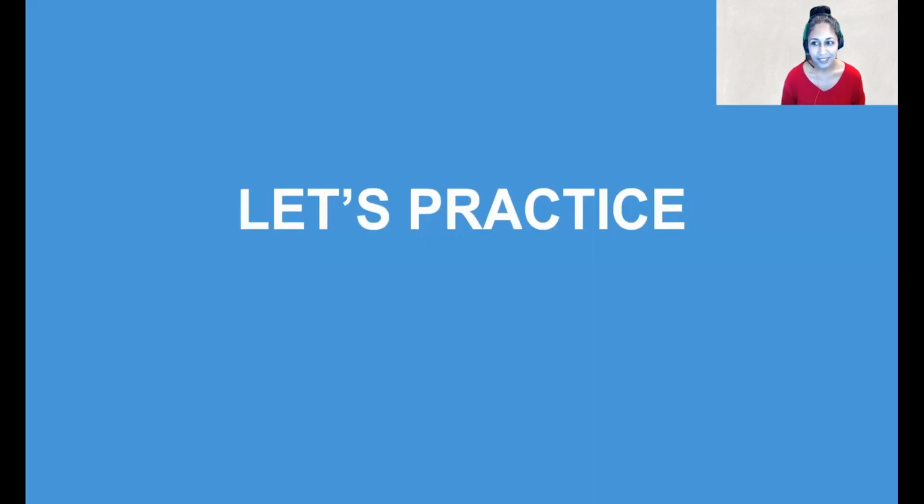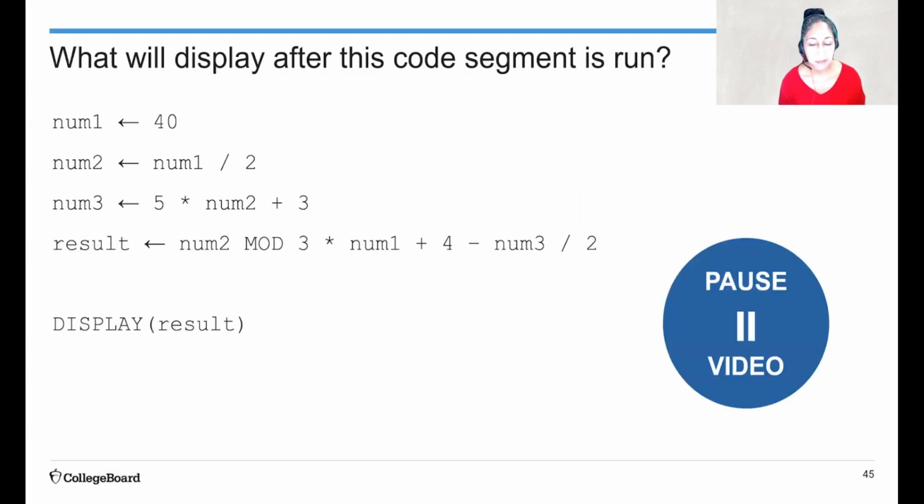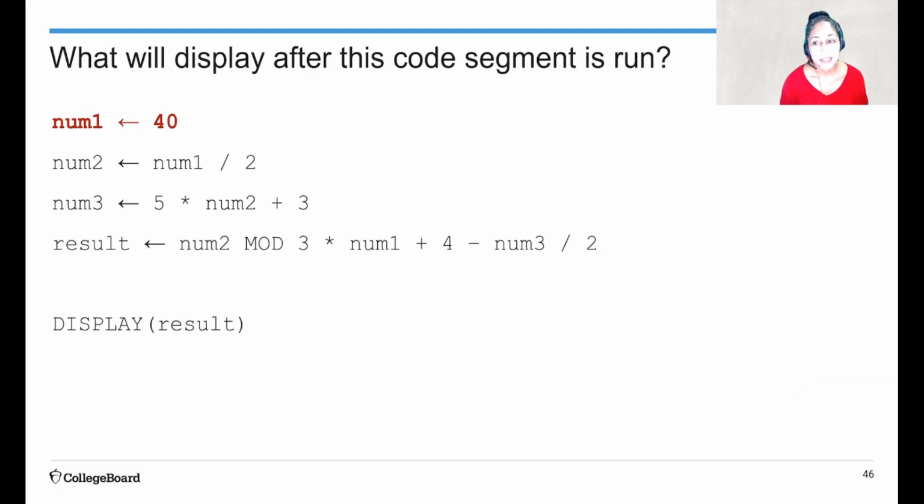So let's practice. Looking at this code segment, take a moment and pause the video to determine what is displayed after this code segment is run. So in this example, I start off by storing the value 40 inside of num1.